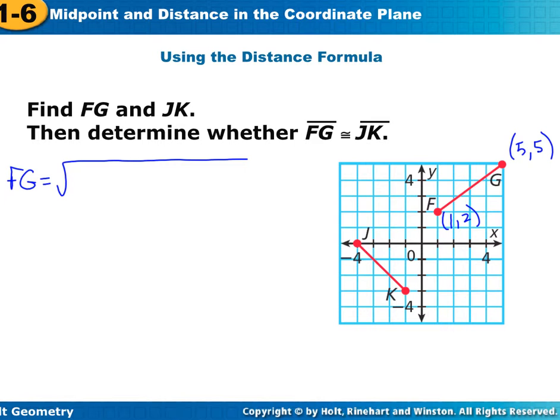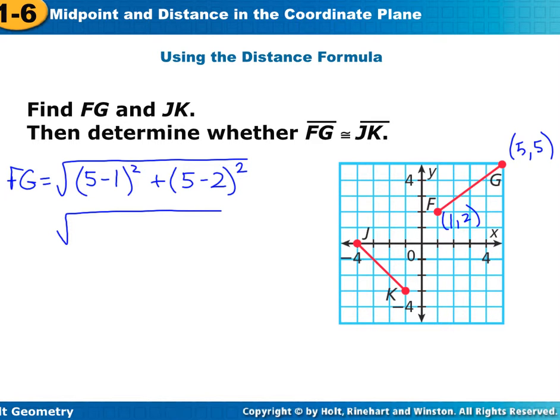I'm going to go 5 minus 1 squared for the x part, and then the y's in the same order. 5 minus 2 squared. Last thing you'll do is the square root.